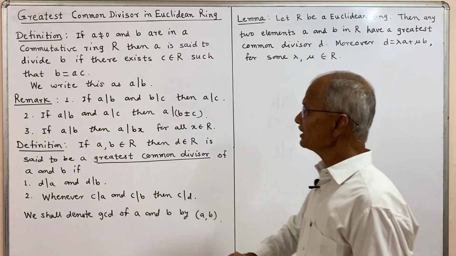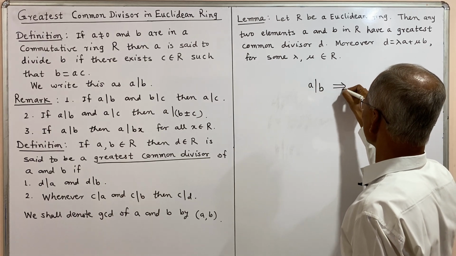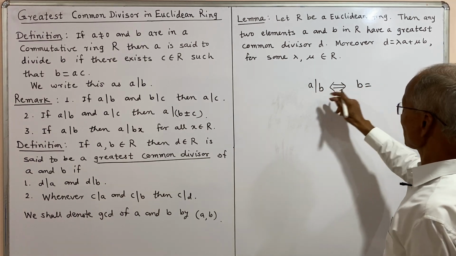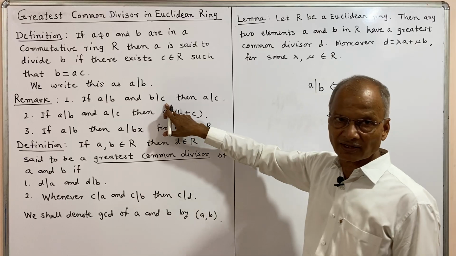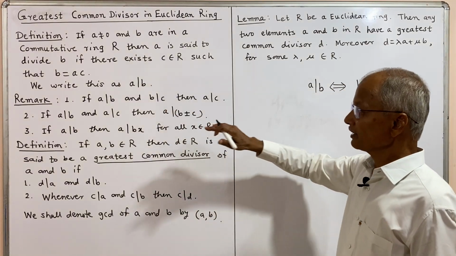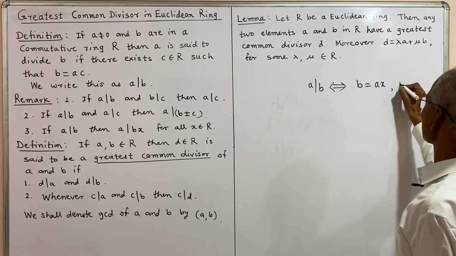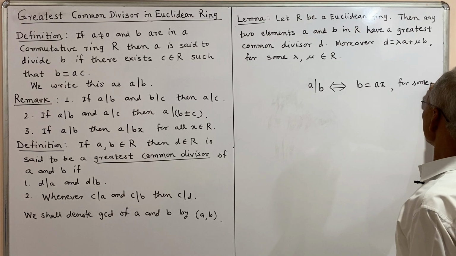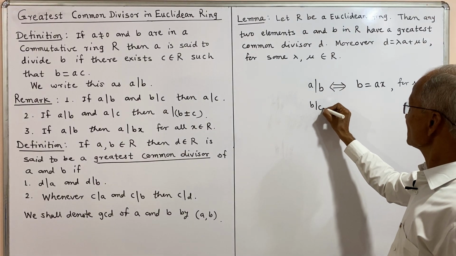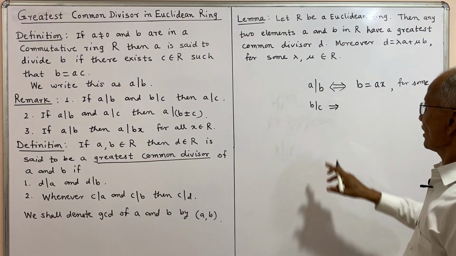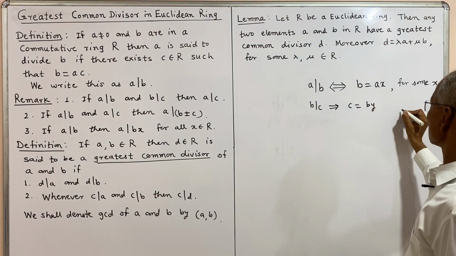If A divides B, this implies B is a multiple of A. Here we have written B is equal to A into C, but C is another element we have considered here, and therefore we can write B is a multiple of A means B is A into X for some X. And further, B divides C, this implies C is a multiple of B, and this can be written as C is equal to B into Y for some Y.